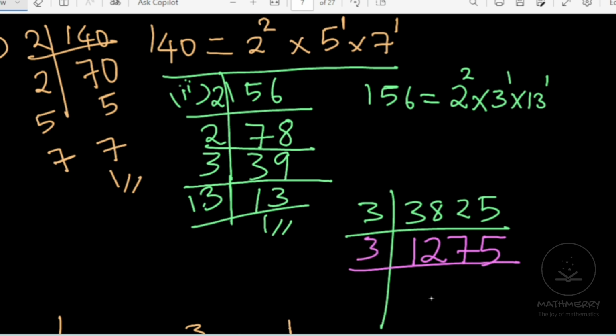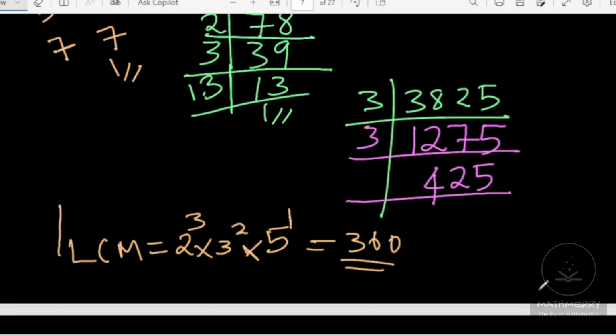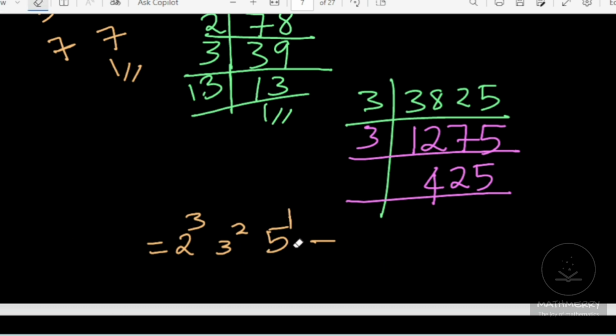Now it's 425. Can we try it with 3? No, it's not possible. So we have to try for the next possible prime number, which is 5. So 425 divided by 5.